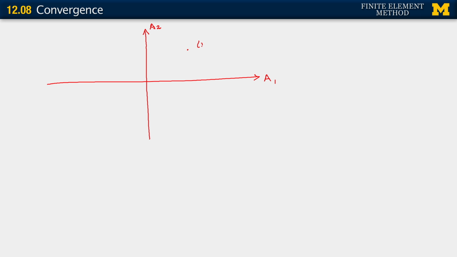That is 1, 1. This point here is -1, 1. And this point here is 0, 1. Okay. What we did last time was observe that our stability condition gives us this sort of triangular region.